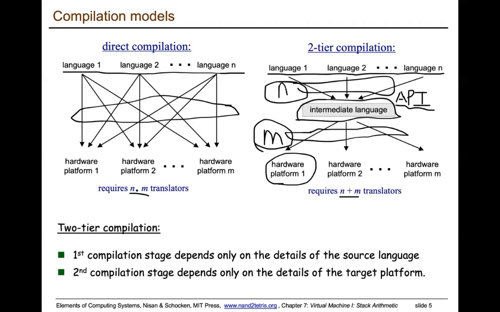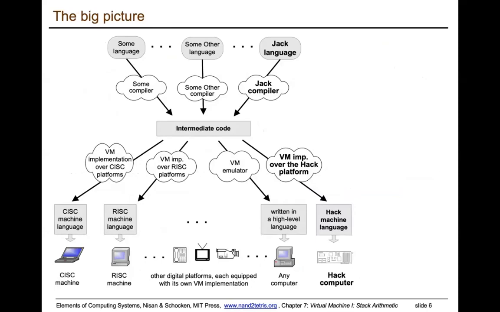That's why, instead of teaching you the compiler directly, we separate it into two tiers, and this intermediate machine we call a virtual machine.